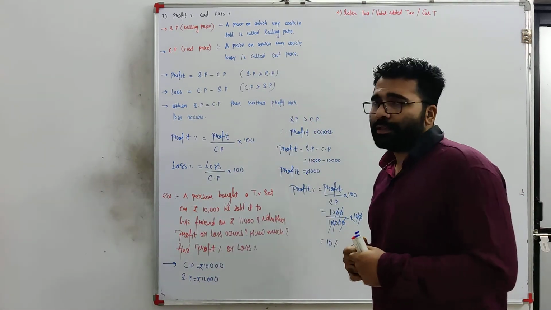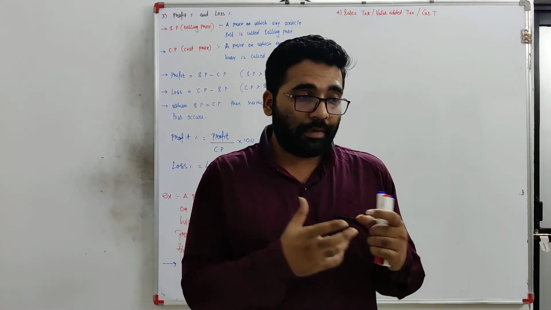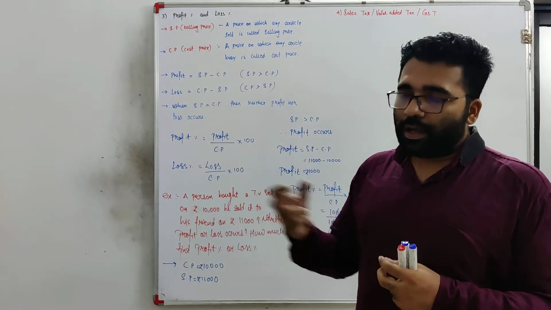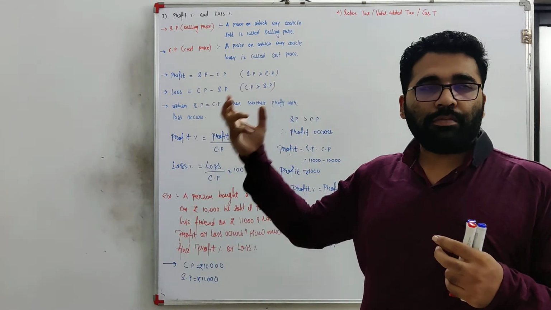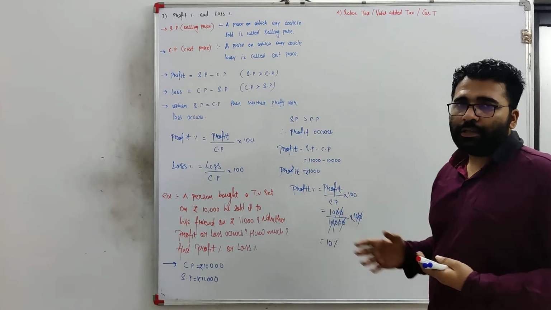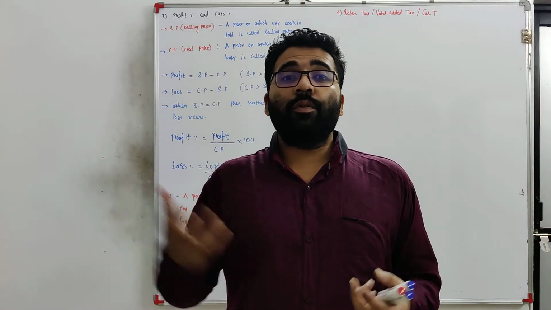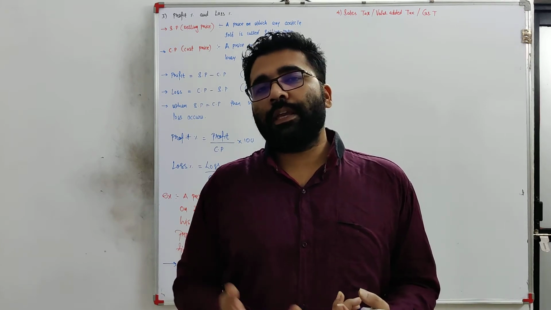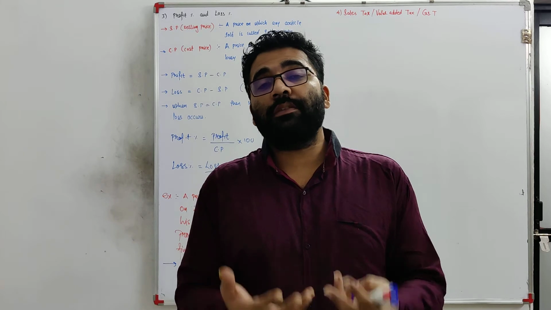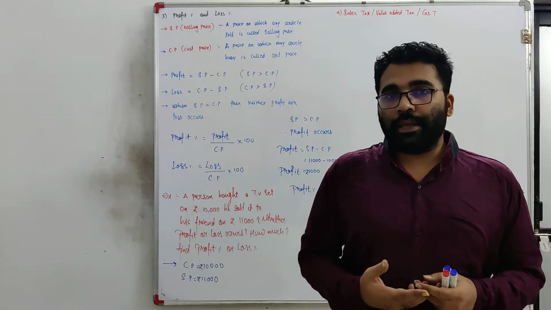Value added tax is taken by the government on the value, the importance of any object. GST is again a tax, that is goods and service tax. Goods tax is the tax applied on things, and service tax means the tax applied on the service.